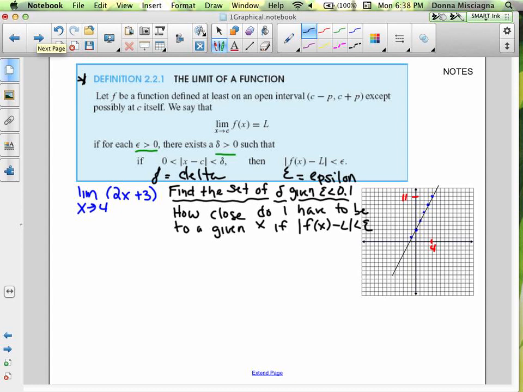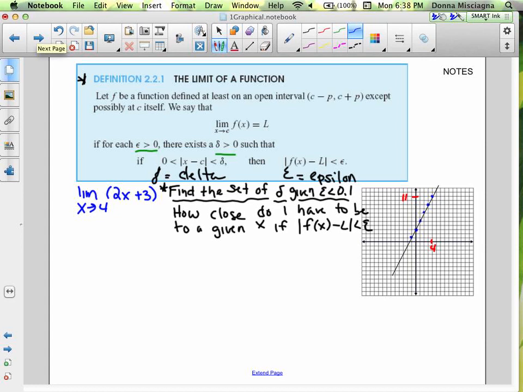So here's our question: find the set of delta given that epsilon has to be less than a tenth away. So in other words, the distance between my function and my limit has to be less than e. e is 0.01. So our first step, we have our limit.